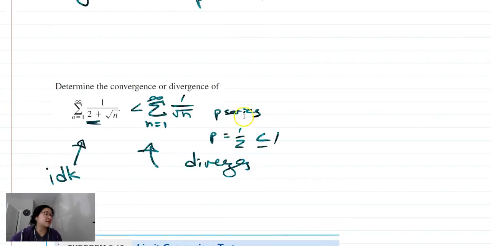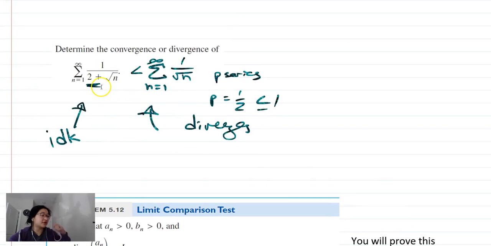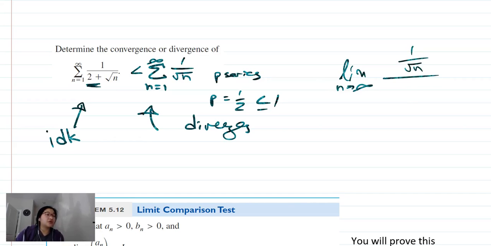Thinking back to this one, we could figure this out using the limit comparison test. Since we have this as a series A, and then this could be our series B, look at your limit as n approaches infinity of our ratio, so we have 1 over root n over 1 over 2 plus root n.